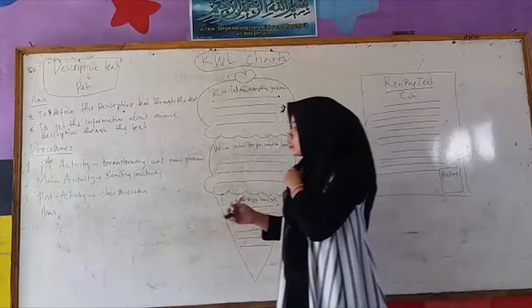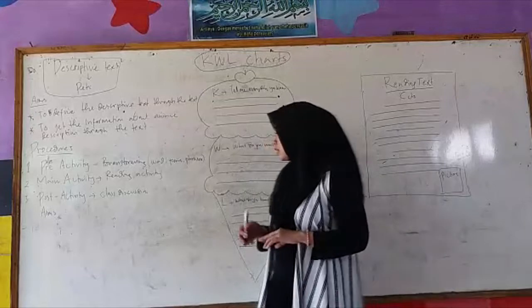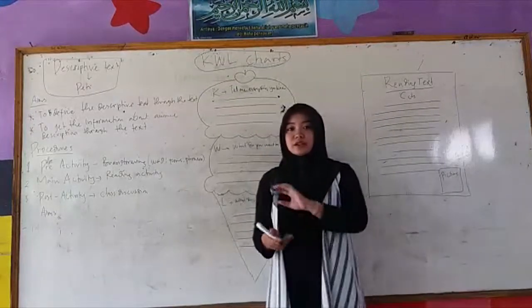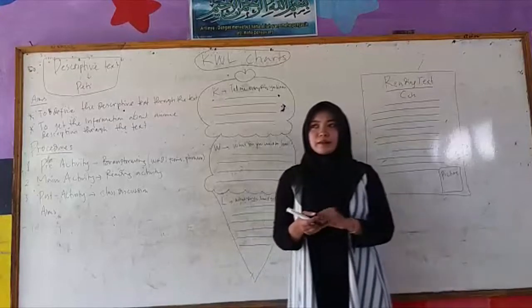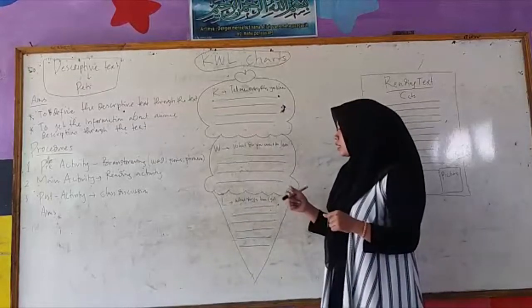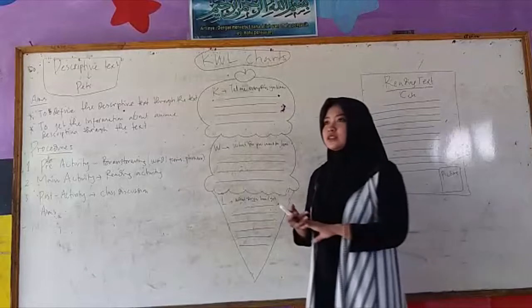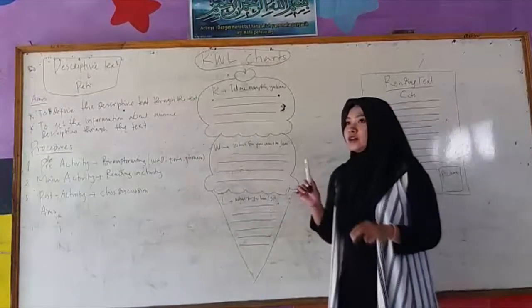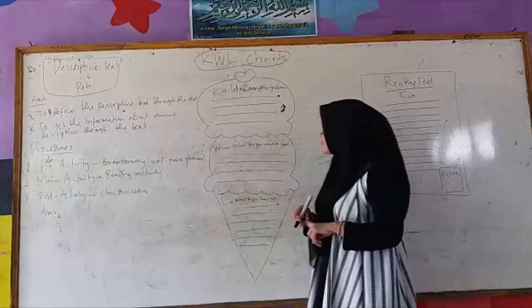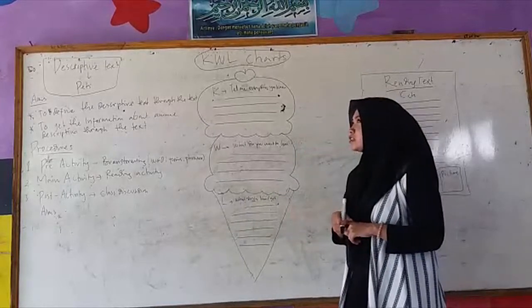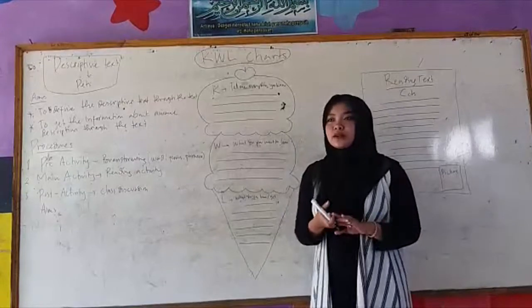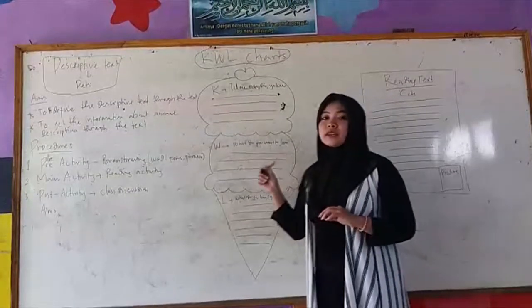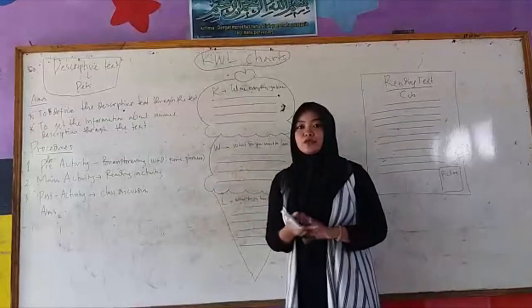and then the second step is the teachers give feedback to the students about the questions that the students cannot answer. For example, if there is one group that cannot find the answer to what they want to learn, other students can give the answers.